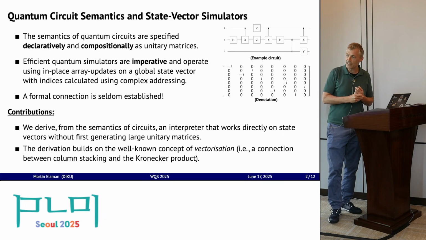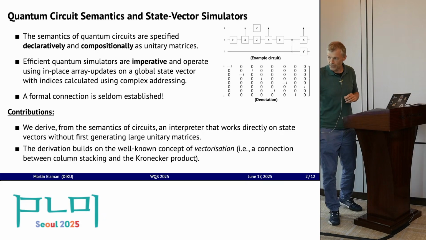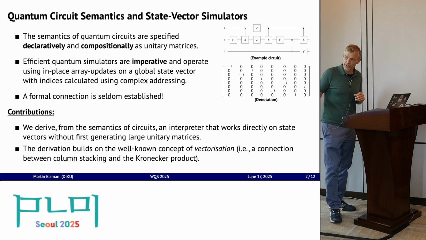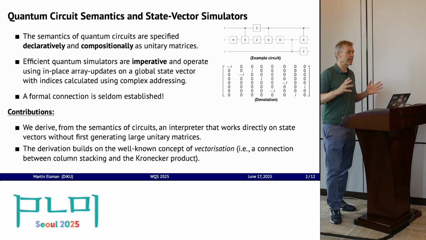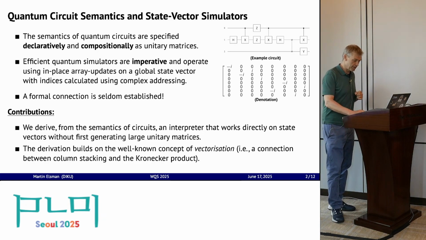But it turns out that there's a way to actually get rid of this huge matrix intermediate structure using something called vectorization. It's basically a connection between stacking columns and the Kronecker product.